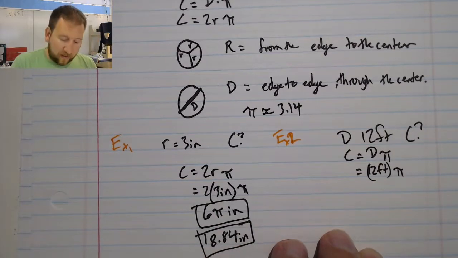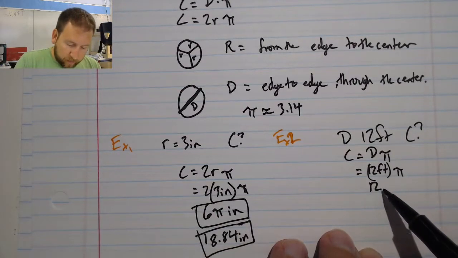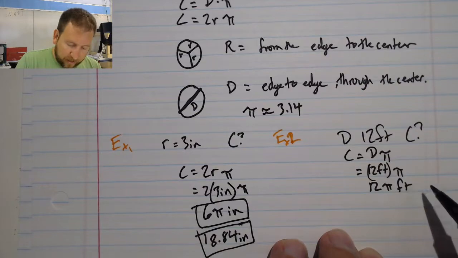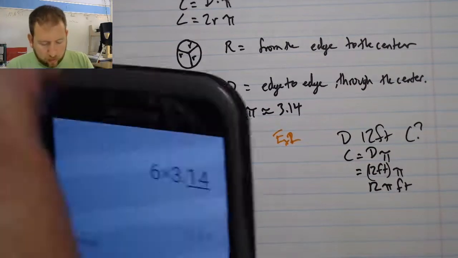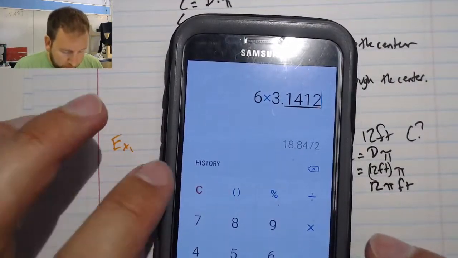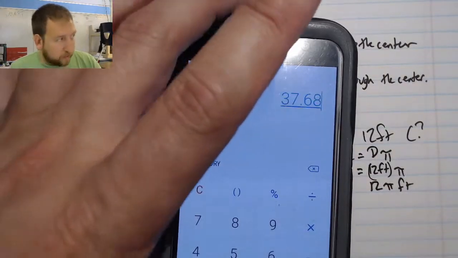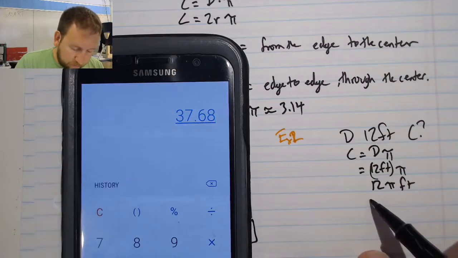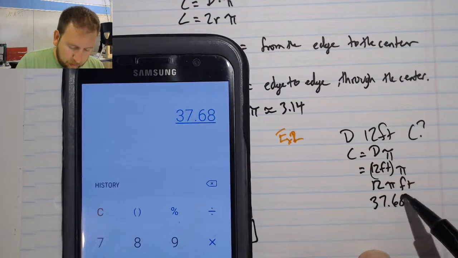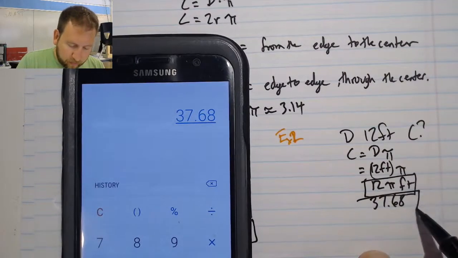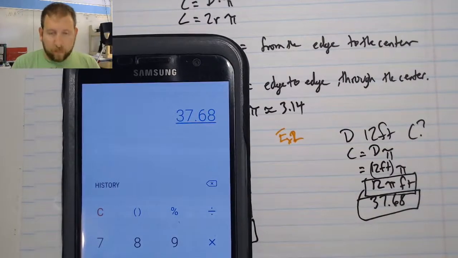And then I can see that my answer is 12 pi feet, or 12 times 3.14 is equal to 37.68. And both of those would be acceptable. All right, not too bad.